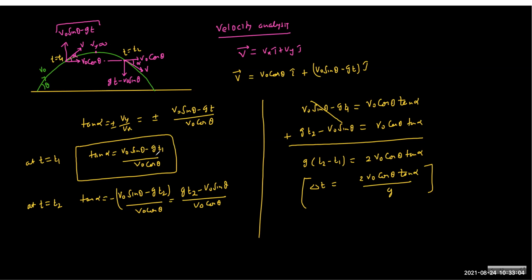So at what time you will be at angle alpha, or you can say after what time the velocity vector makes an angle alpha, although you have thrown with angle theta.